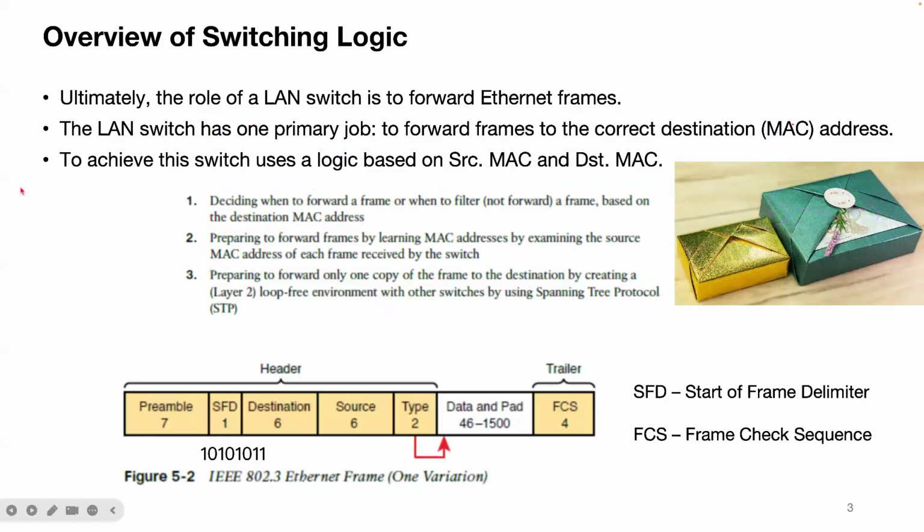Now we know about MAC address already, the basic idea. So imagine that from one PC to another PC, I'm sending a packet. When I'm sending a packet from one PC to the other, I'm going to attach source MAC and destination MAC on top of it.